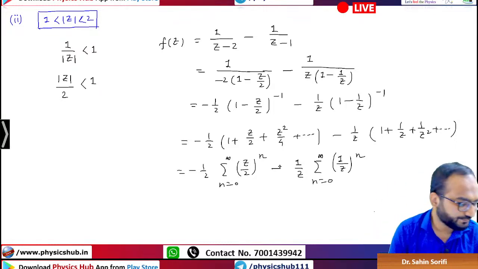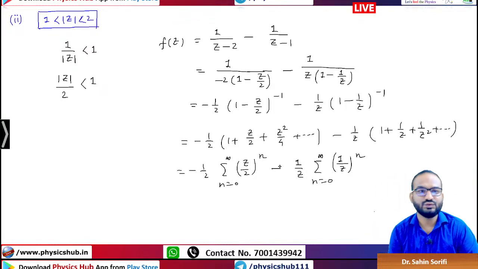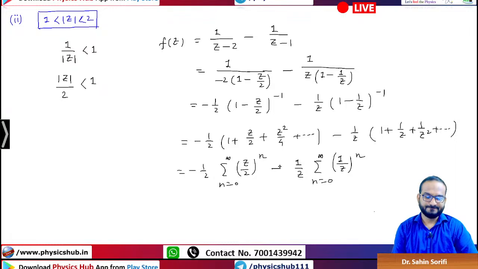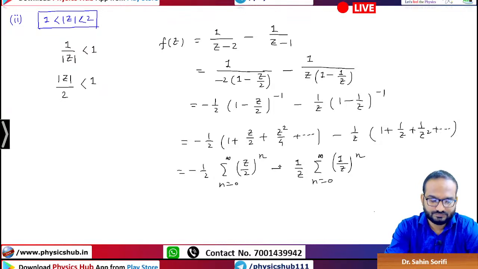The third one, mod z greater than 2. I hope the previous one is done. Third one, mod z greater than 2, right?